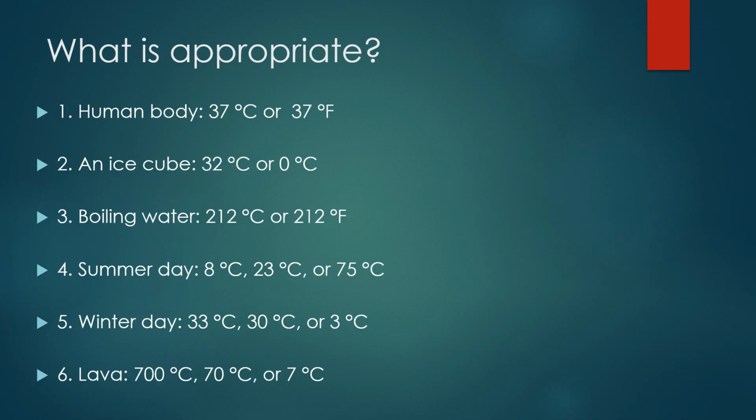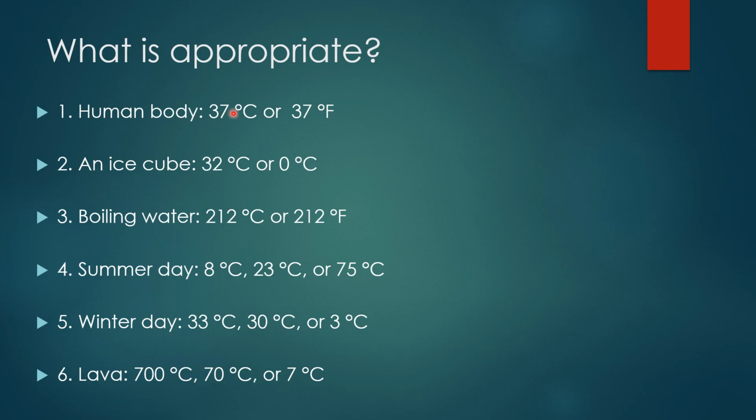So what is appropriate? Human body. Think about the conversion that we just talked about. If 100 degrees Celsius is considered boiling, you definitely don't want to have a degree Celsius that is really close to 100. But also note that freezing is 32 degrees Fahrenheit.